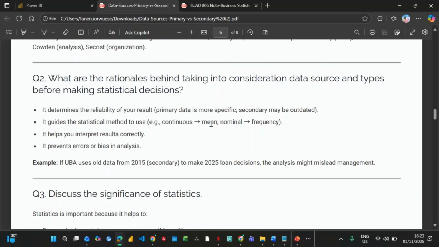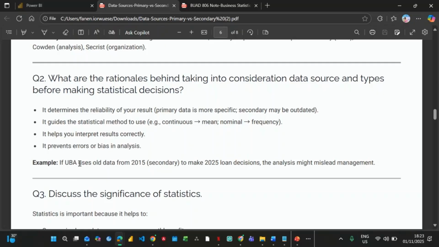You get now. So we also look at how it guides the statistical method to use, e.g. continuous, mean, nominal, frequency. So for you to consider that, look at the methods that you're going to use. Each of the methods, like I said previously, determines what you're going to use. It helps you to interpret results correctly and it prevents errors or bias in analysis.